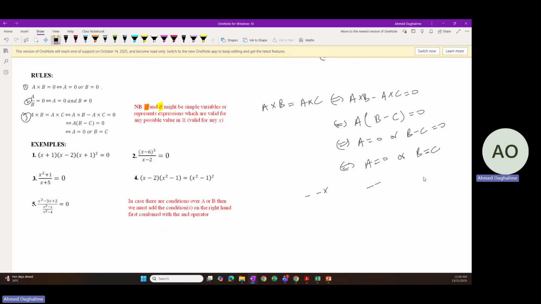When I use this property, you understand it in different situations and solve the given examples here.